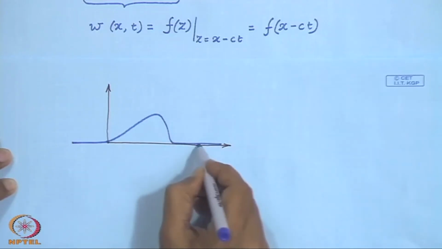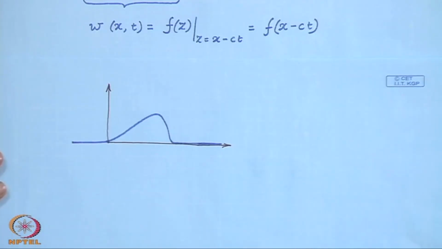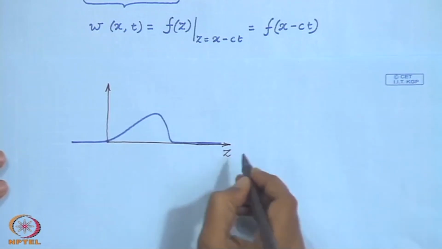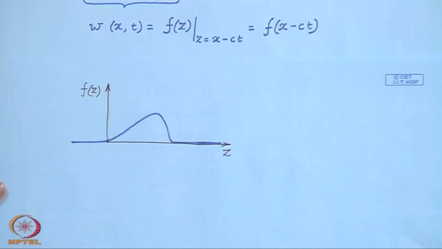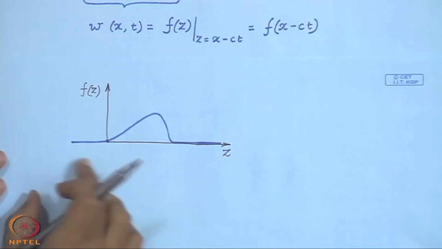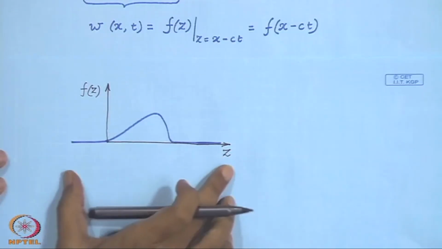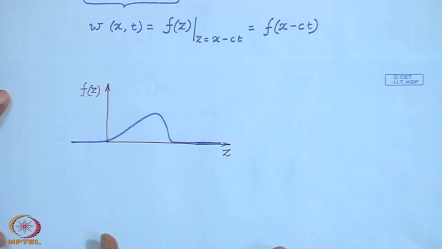Suppose you have the function f of z of this form, let us say.